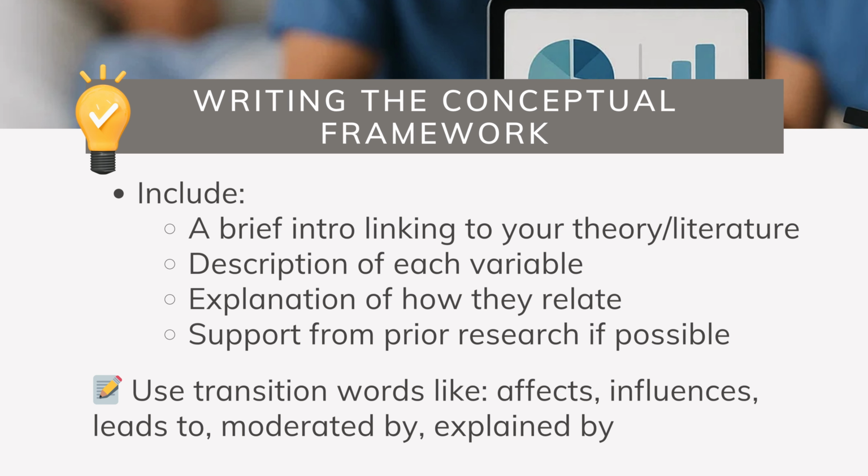Use transitions such as affects, leads to, or explained by to signal direction and influence. Finally, support your assumptions with citations from previous studies or established theories. This adds credibility and shows that your framework is evidence-based.